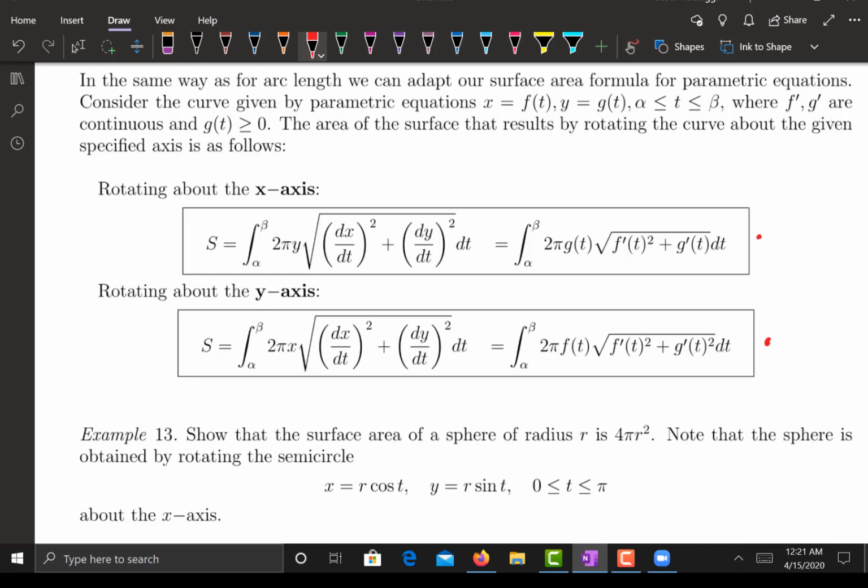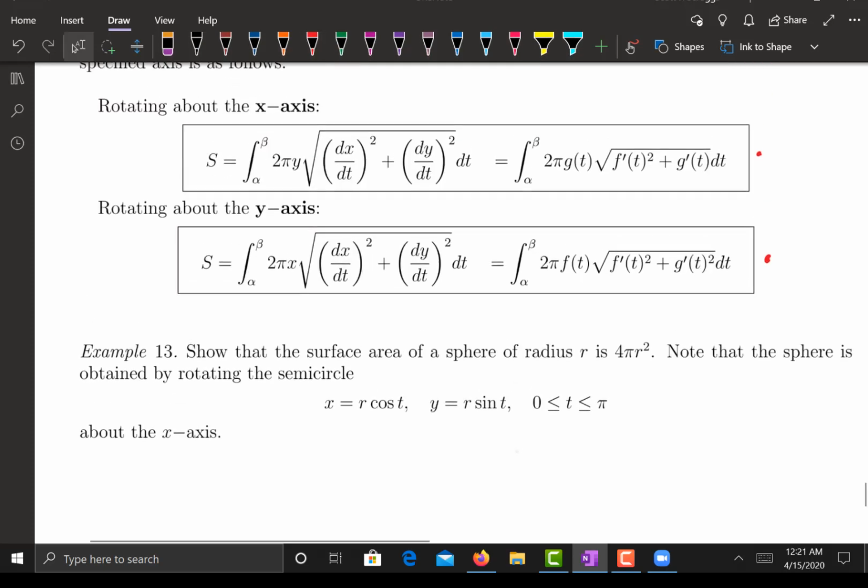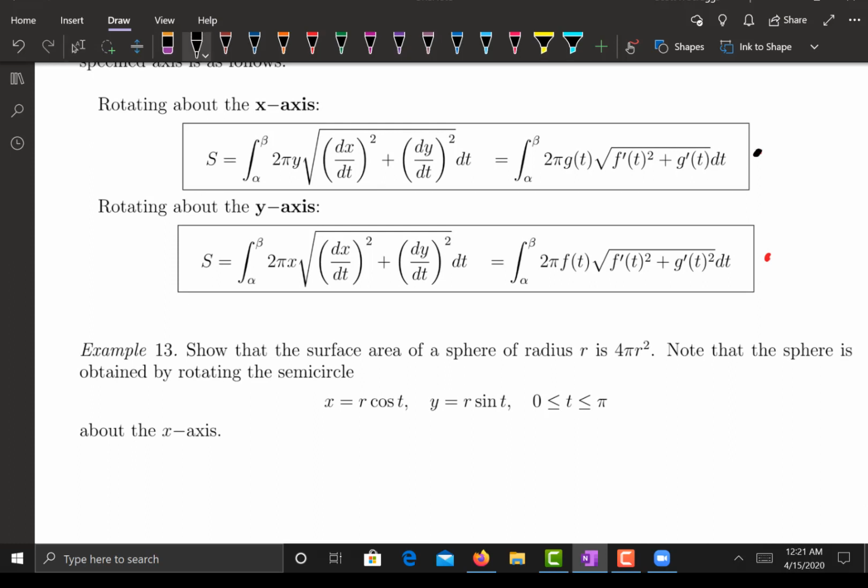We're going to finish this by showing that the surface area of a sphere is 4 pi r squared. We're going to use the fact that I can rotate a semicircle about the x-axis. So, because I'm rotating about the x-axis, I'm going to use the first equation.